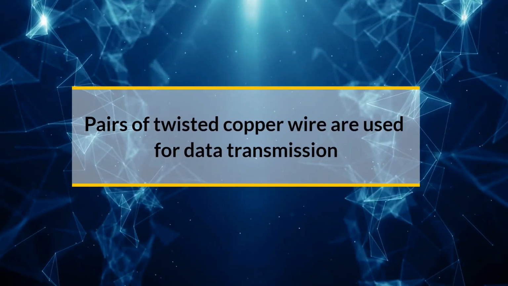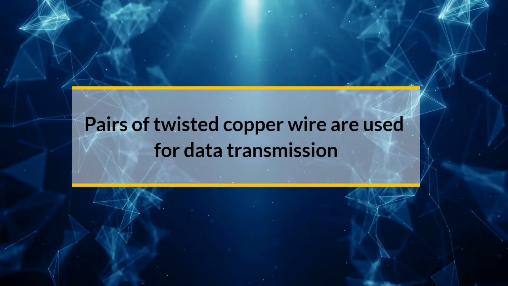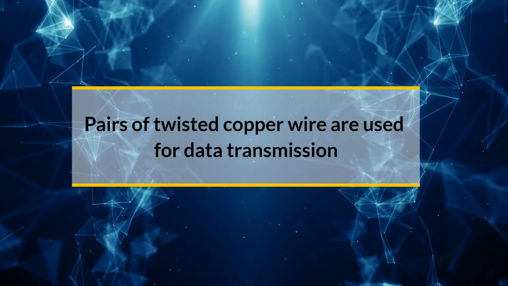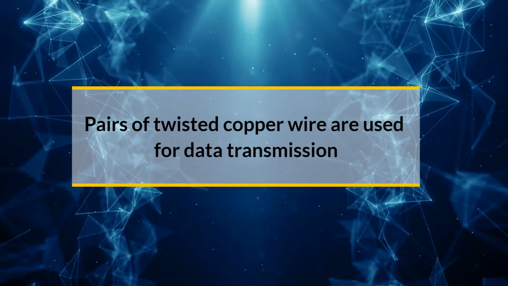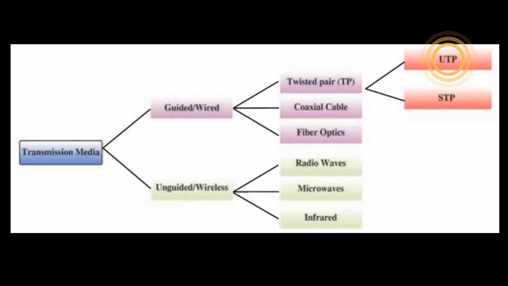In here, pairs of twisted copper wire are used for data transmission. Twisted pair cables can be divided into two, as unshielded twisted pair and shielded twisted pair.